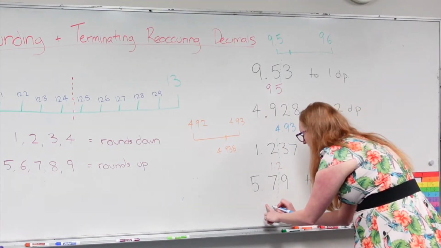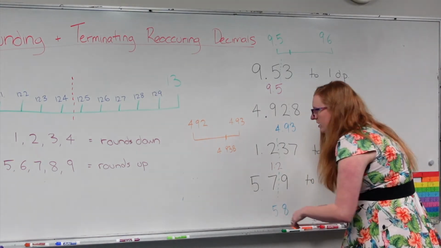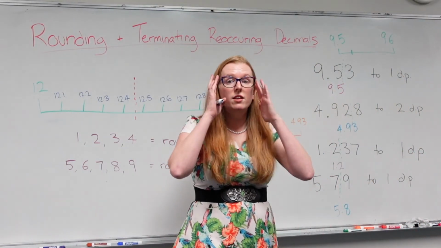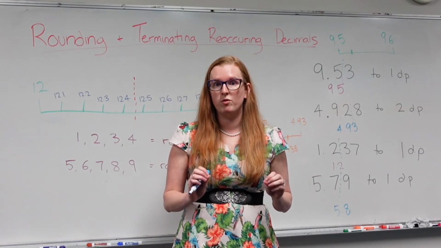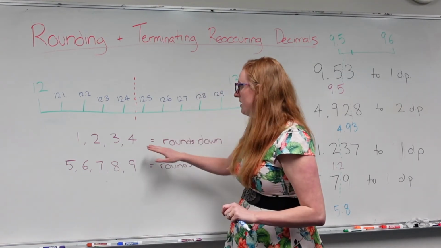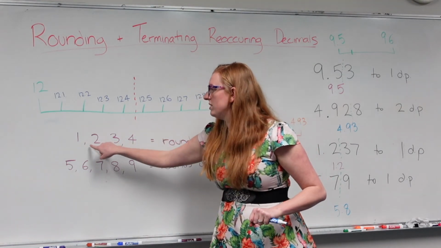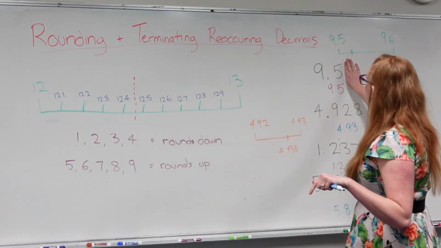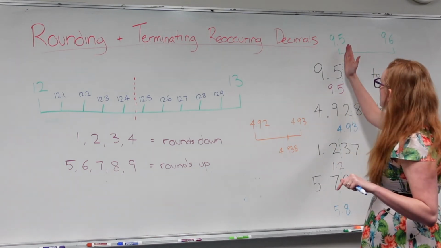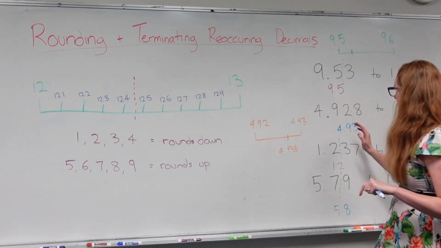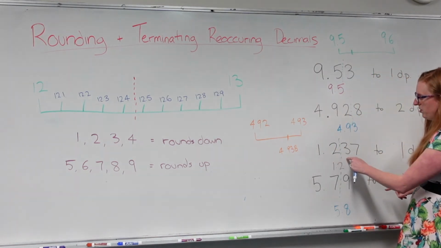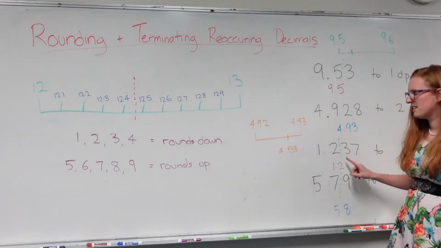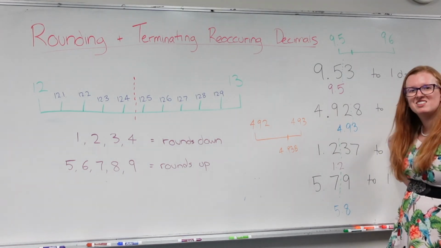So this becomes 5.8. The important things to remember when it comes to rounding is that if it's 1, 2, 3, or 4, it's going to round down, which means you basically just drop that off. Everything that comes after the line, you just get rid of it. Like here, 1.237, to round to 1 decimal place, I just got rid of that. Just trashed it.